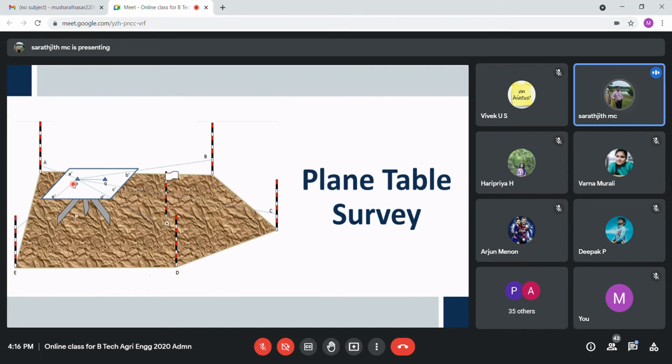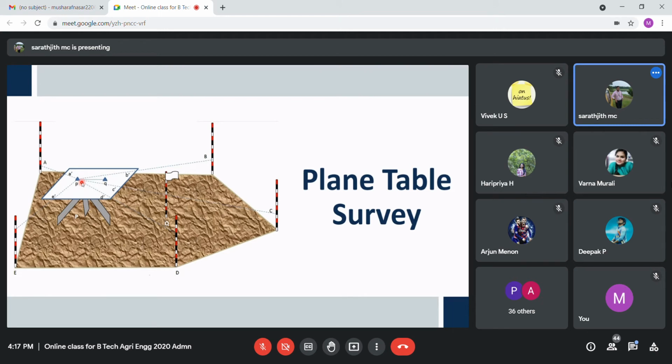Likewise, from the same position you sight point B, point C, D, E. This is the point P on the ground, which you have transferred to the table, which means that this small p on the drawing board is exactly over the capital P on the ground. You are transferring the capital P on the ground to the small p on the drawing board. You are not plotting over the board.